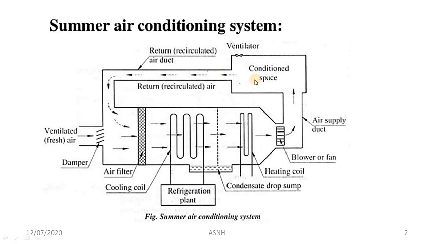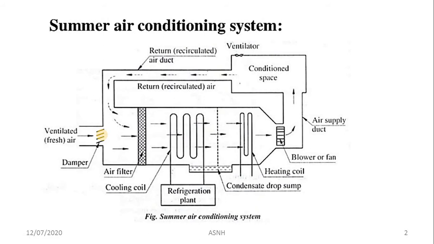After the conditioned air has its effect in the room, the remaining air continuously moves through the return duct. This is the duct arrangement through which the air comes back from the conditioned space, and again it is mixed with the air coming from outside. So this is the construction as well as the working of the summer air conditioning system.